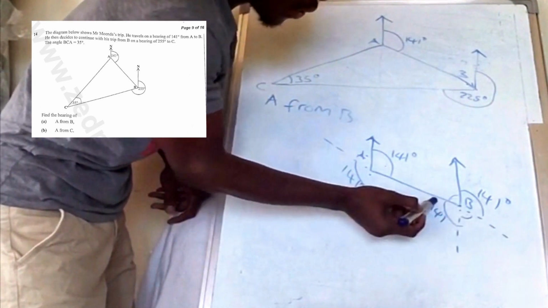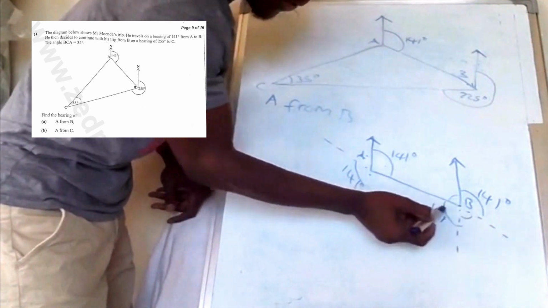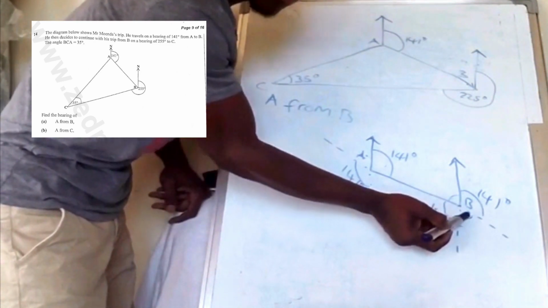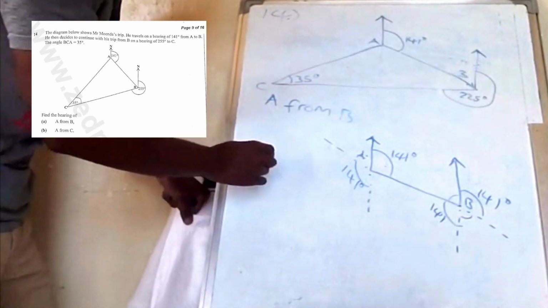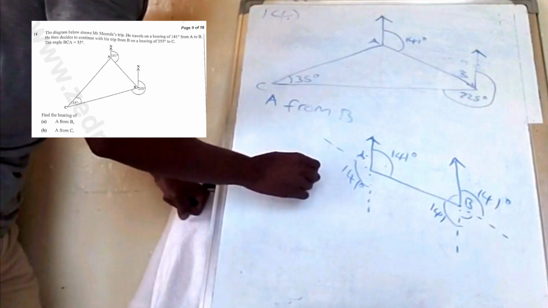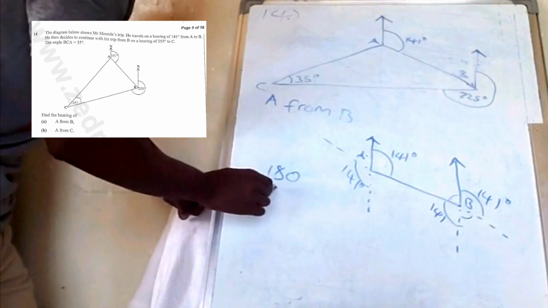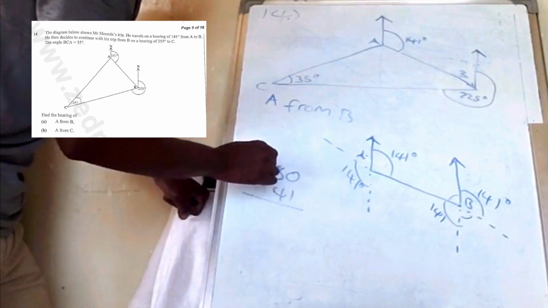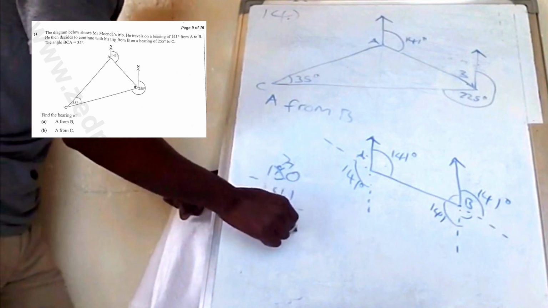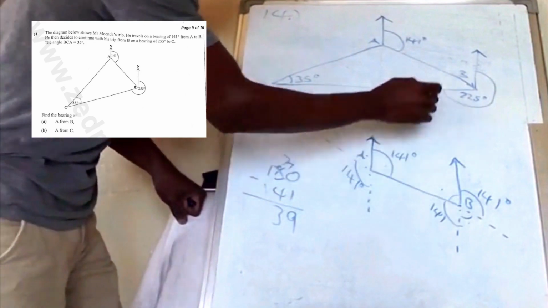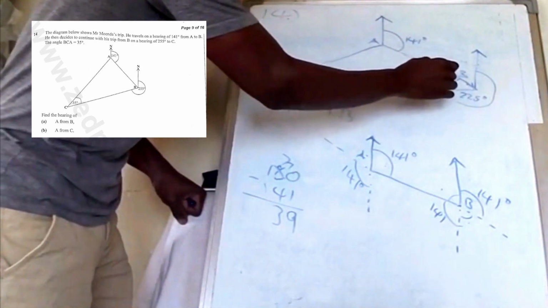So 180 for a straight line, 180 minus 141 gives us the angle that is there, which is the same as the angle on top there. 180 minus 141 gives us 39. So 39 is there, 39 is there. So this angle here is 39.